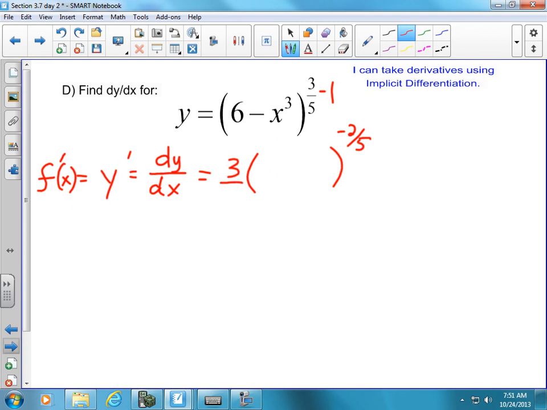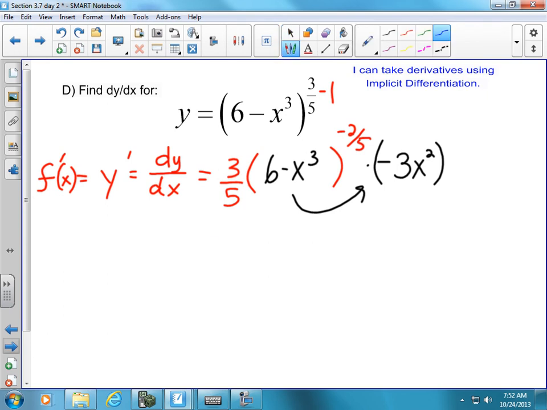And we're going to multiply the front of this by the 3/5. Now inside, we have 6 minus x cubed. So we need to take the derivative of that and write it on the outside. The derivative is negative 3x squared.